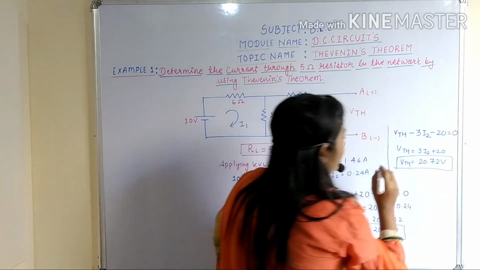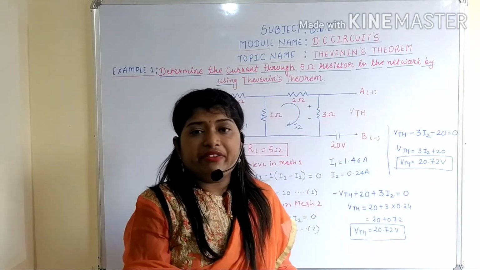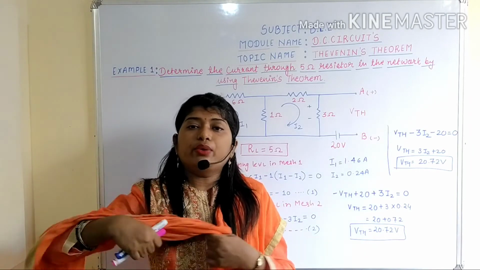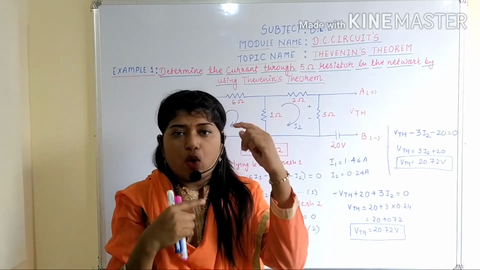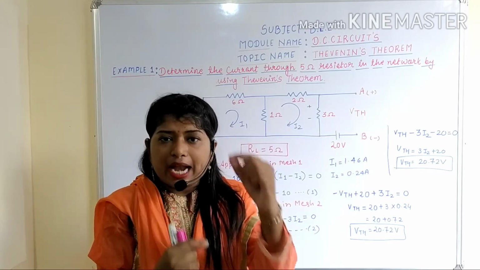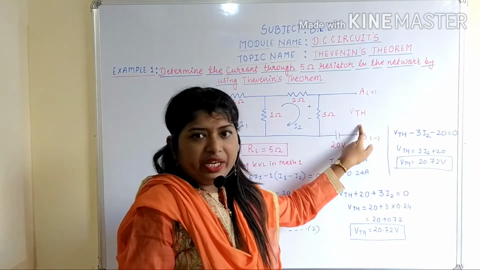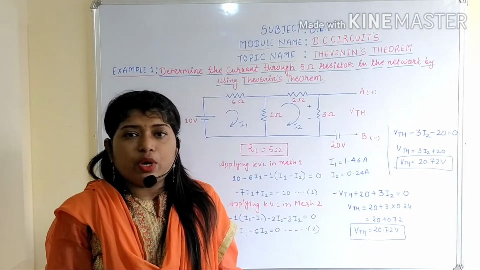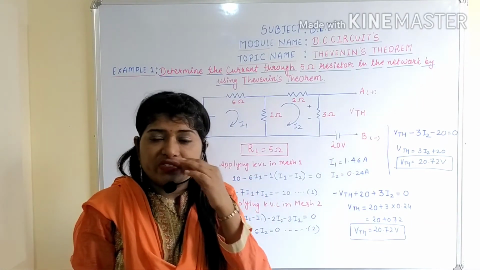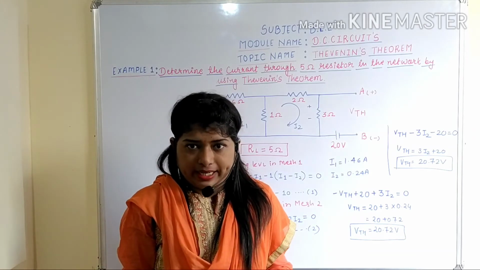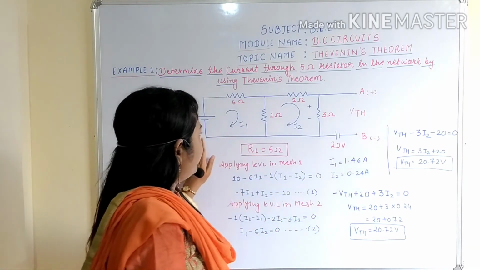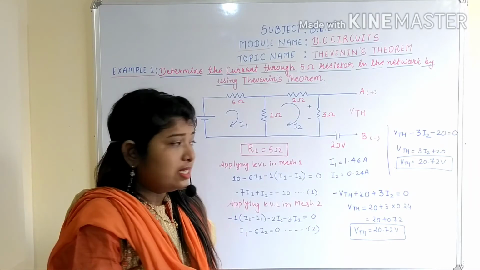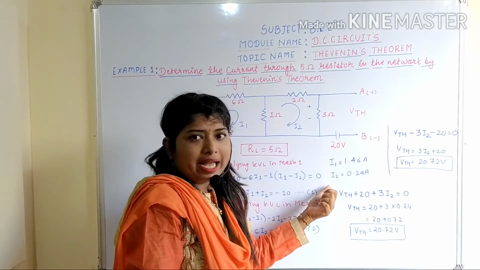I hope you have understood how to calculate VTH. What is the procedure to calculate VTH? Simply you need to replace the load resistor by an open terminal, and across that open terminal you need to assign VTH. Once you are done with that, the next procedure is what? You need to use any one of the network simplification techniques. After applying mesh analysis, you will get I1 and I2.